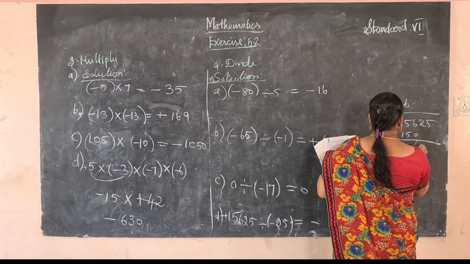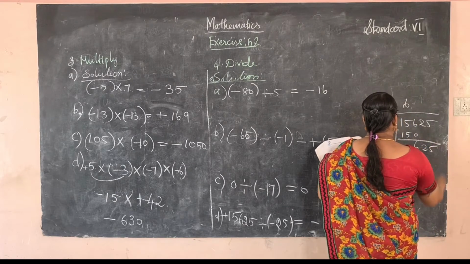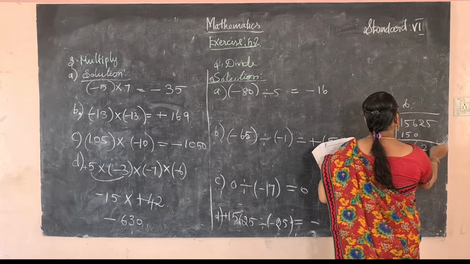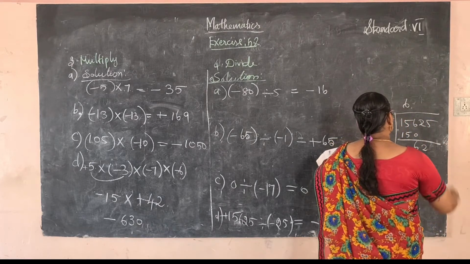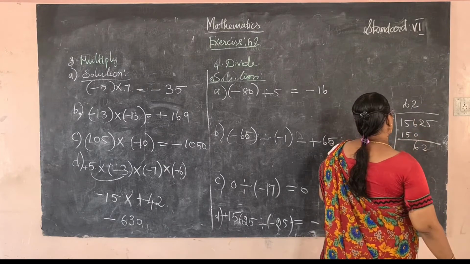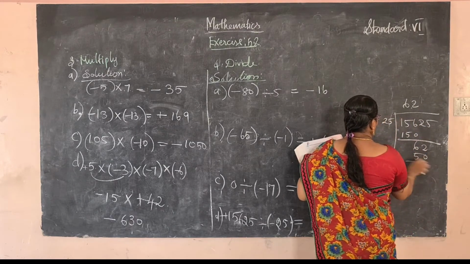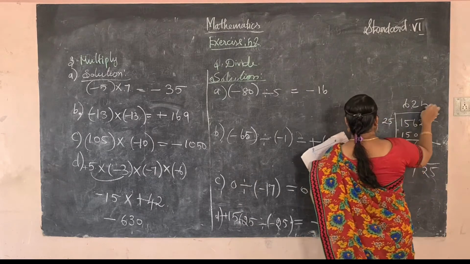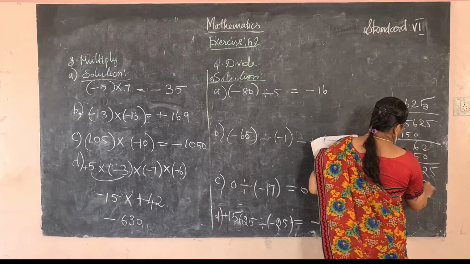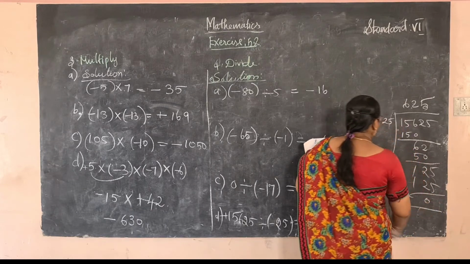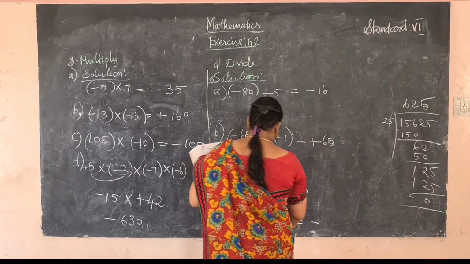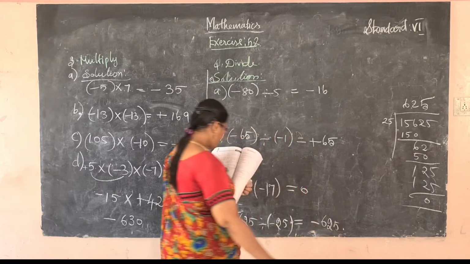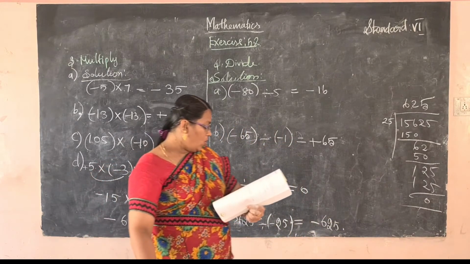Okay, now down 6, 25. How many times is possible? 2 times. This is 50. Remaining 125. So how many times is possible? 5 times. Okay. So the value is minus 625 is the answer. Okay. Remaining problems are homework.